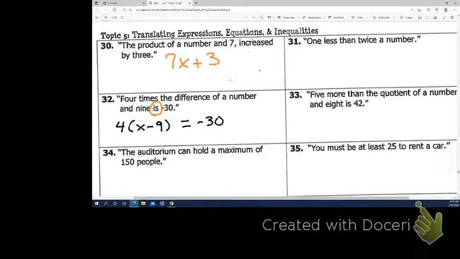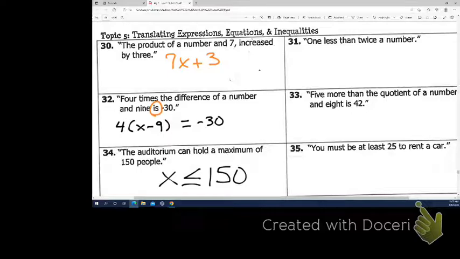So this maximum is like our elevator maximum. So we're just going to say x is less than or equal to 150. And there aren't any other steps. 35 is also an inequality, meaning it's going to use something besides an equal.